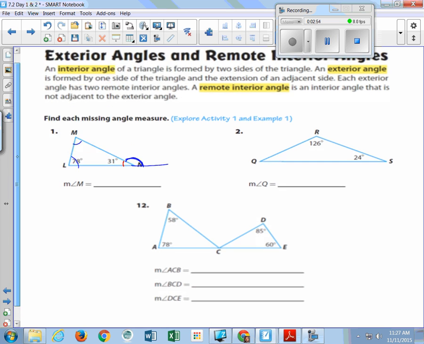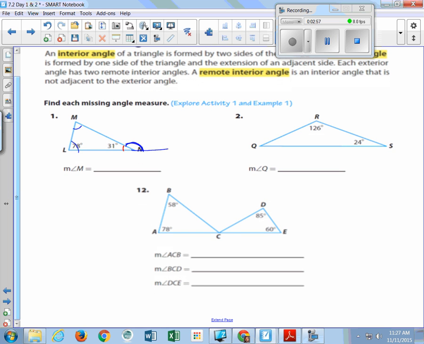Here it just wants us to find angle M, and that should be pretty easy. We're going to use our interior angle theorem, and add those two angles together, 78 and 31, to get 109, and then subtract that from 180.